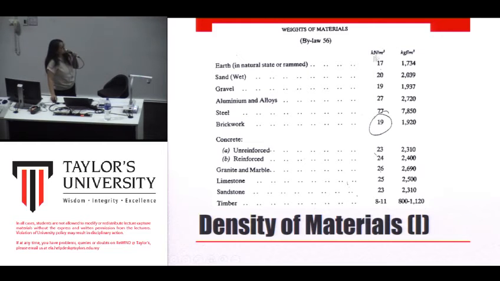So this one is kilonewton per meter cube. For unreinforced concrete, it is 23. For reinforced, it's 24. Reinforced concrete is heavier because of the steel content, because of the reinforcement bar. They also give you the density of steel, gravel, earth.